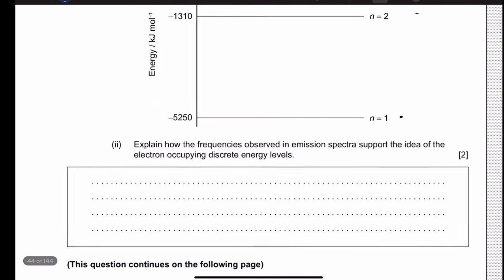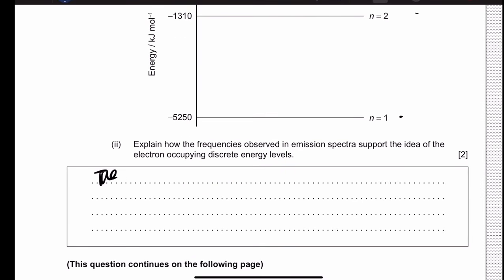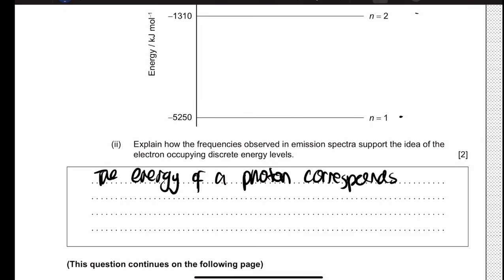How does that work? Well, the energy of a photon corresponds to a frequency, right, in the spectrum. So in the spectrum we have frequencies, and each energy is going to correspond to a frequency, right?